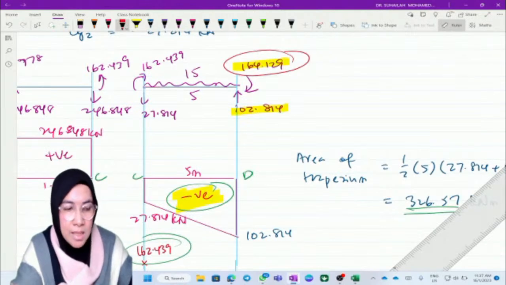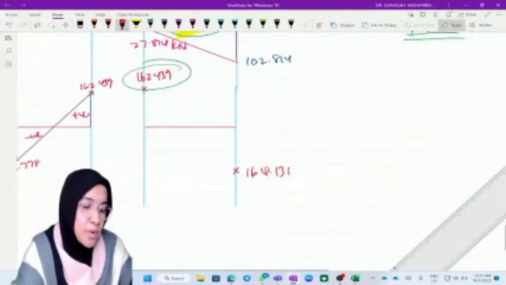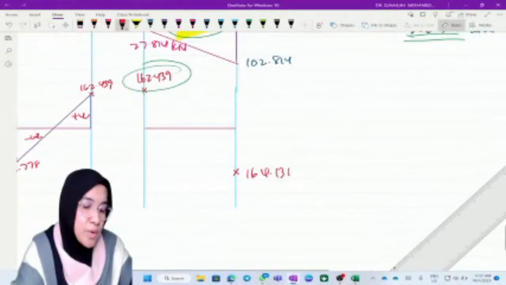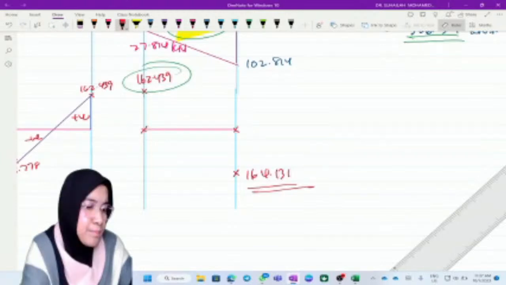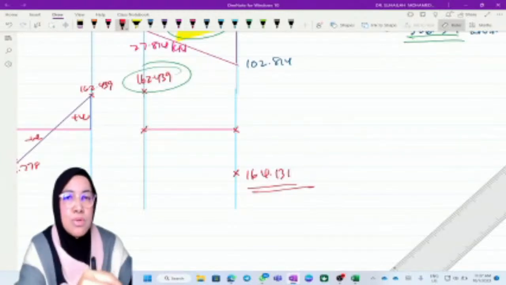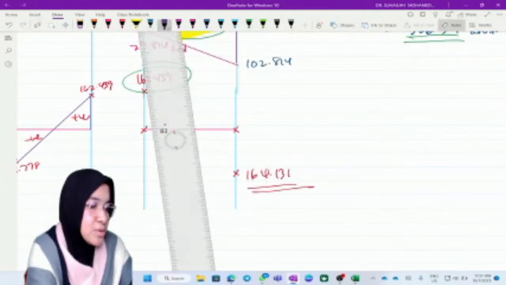So when we pass with positive in the diagram, we get back to 0. Remember the diagram must start at 0, end at 0.